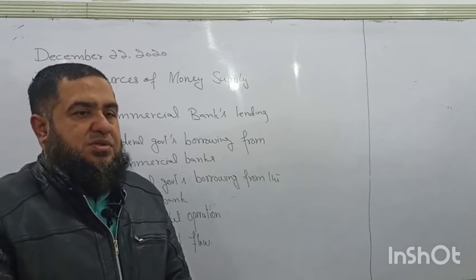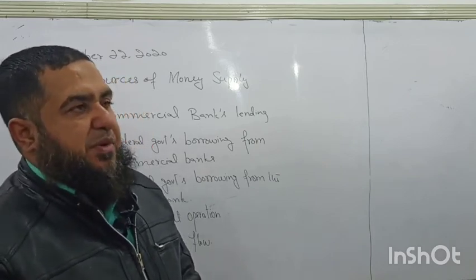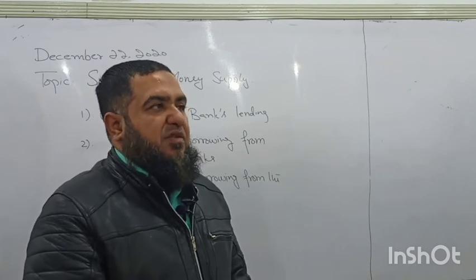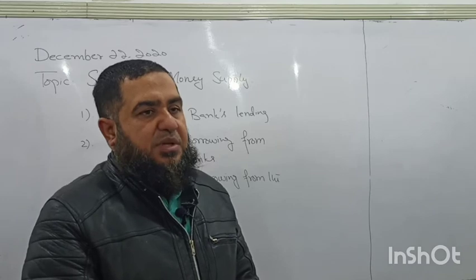In the gap between the borrower's interest rate and the depositor's interest rate, the bank covers its expenditures, whatever they are, and the rest will be the profit of the bank.